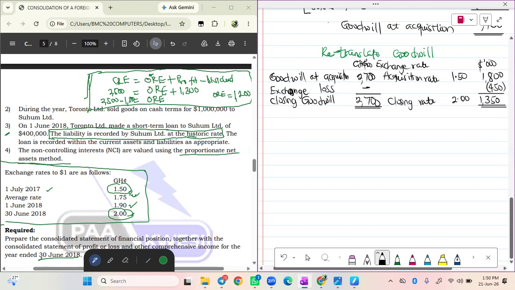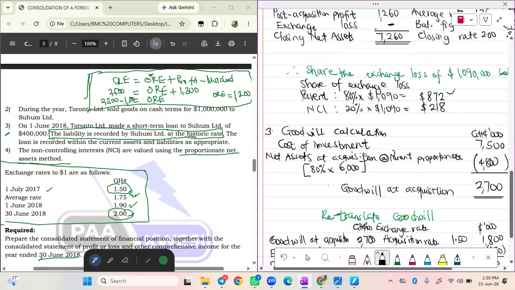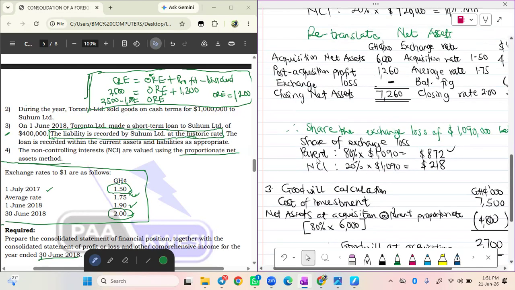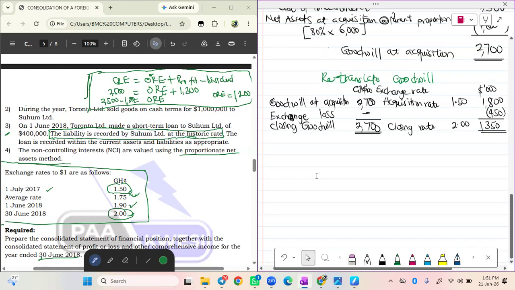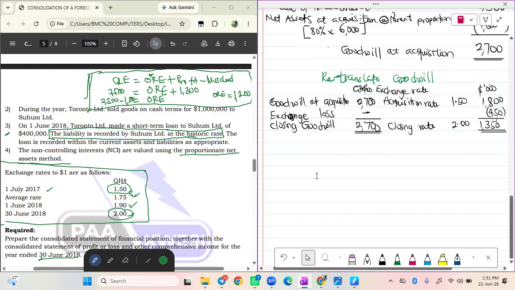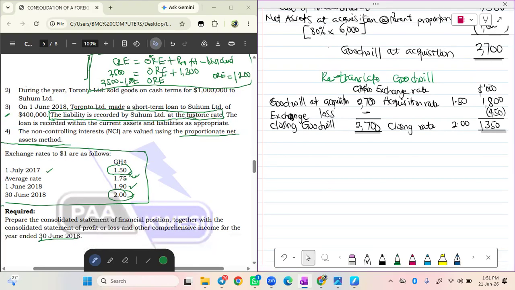Now the first one, we shared the loss in the net asset between what? Parent and NCI. So with this one, are you going to share the exchange loss? No. Why? Because the company uses proportionate net asset to value their NCI and also calculate their goodwill.